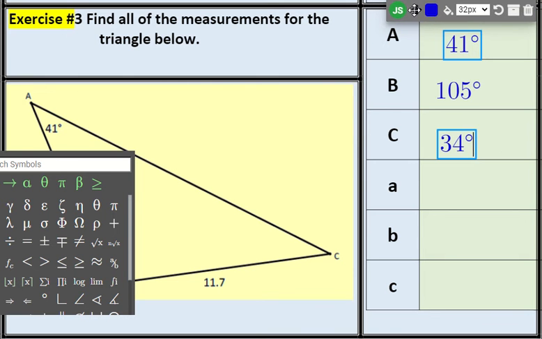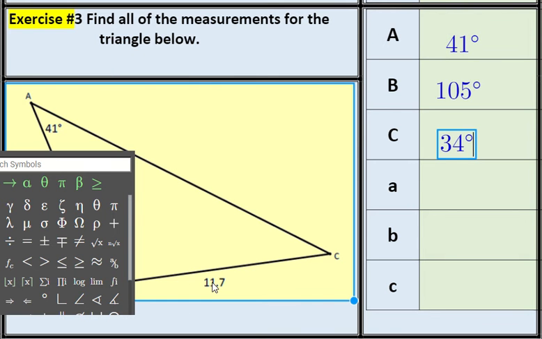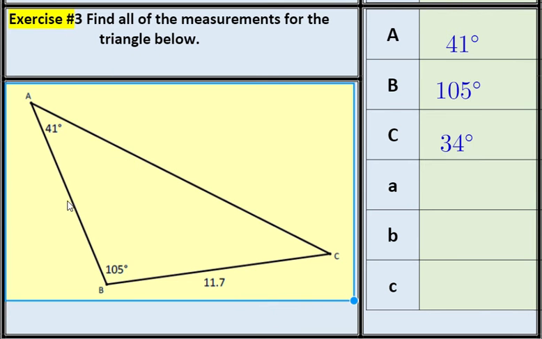Now, another piece of given information is the side 11.7. So I just need to know which side that is. So when we go to our lowercase letters, the angle creates the side opposite with the same letter.